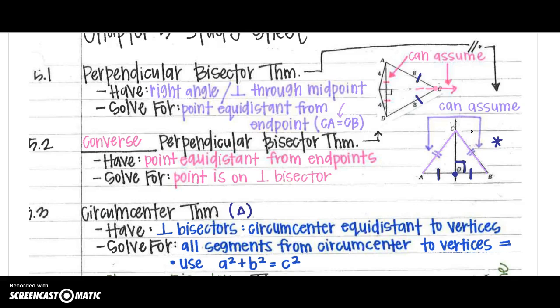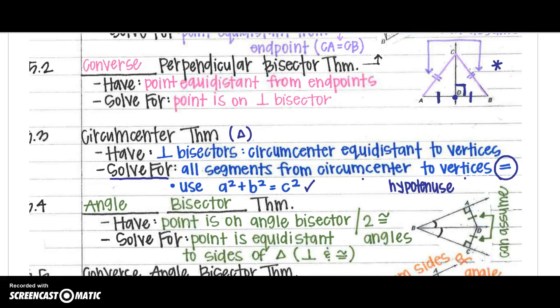And so we know, to solve, we see the circumcenter, all segments from the circumcenter to the vertices are equal. Circumcenter to vertices, which means that's the hypotenuse of those little baby right triangles in that big triangle. And if you see the circumcenter, you can use a squared plus b squared equals c squared to find a missing side length.